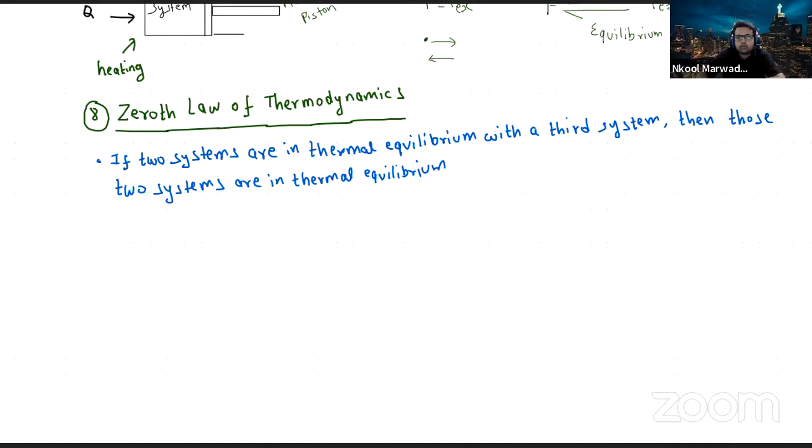This is the zeroth law. It is very easy to understand, very common sense, and also logical. Let us suppose I have three systems.